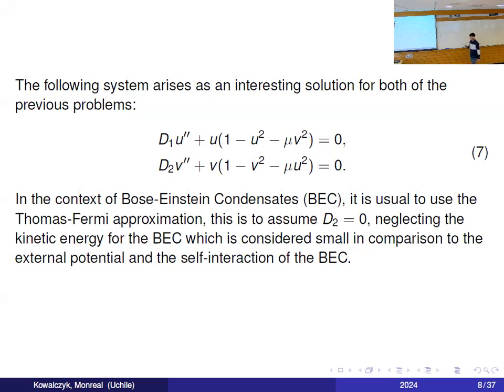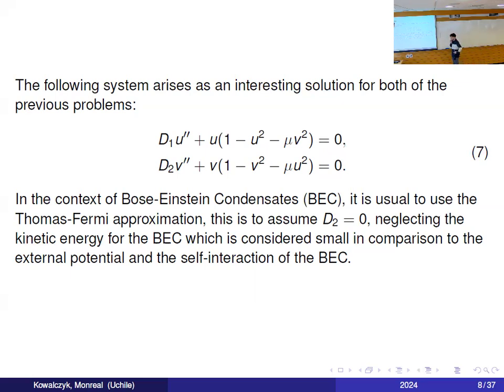In the case of the pattern generating system, this d2 is arbitrarily small in the case of the perpendicular transition of the patterns. So in both of the problems, it is usual and it is interesting to neglect this. It is an interesting problem to study.